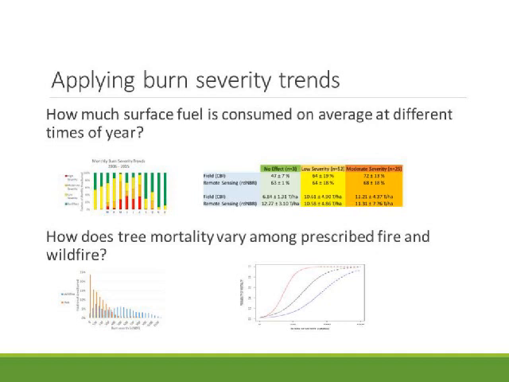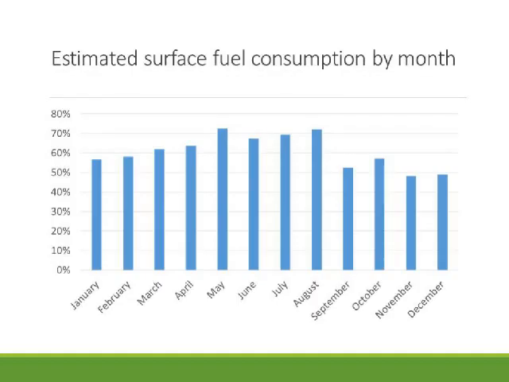So I went ahead and I multiplied through the consumption rates that I had observed with the actual observed proportions of area burned with different severities and estimated the surface fuel consumption by month. And so what we have on the y-axis this time is percentages of the total available surface fuels that would have been consumed for these different months of the year.